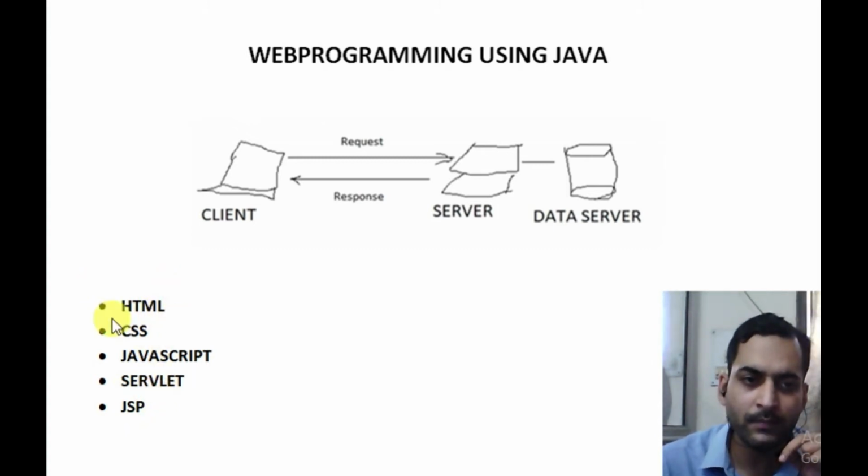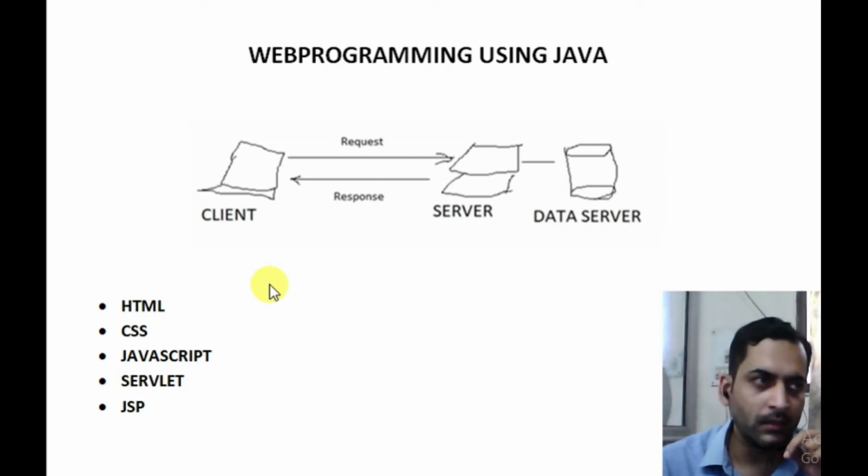HTML is basically hypertext markup language. It is a tag-based language which is used to develop the static web page. It is a designing language and it cannot be used to perform some computation. Like we cannot do 2 plus 2 using HTML.